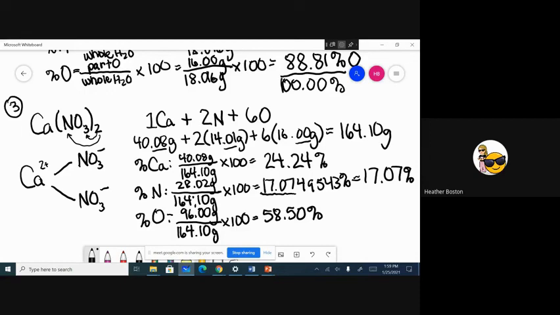I do this all the time. This is not 24.24, it's supposed to be 24.42. Sorry about that. So when I add these up, I'm going to get 99.99% instead. And we need to recognize that that's close enough to 100 that we would consider ourselves correct because there is a certain amount of rounding involved, and that rounding leads to numbers that might be a little off, but still close enough to be correct.